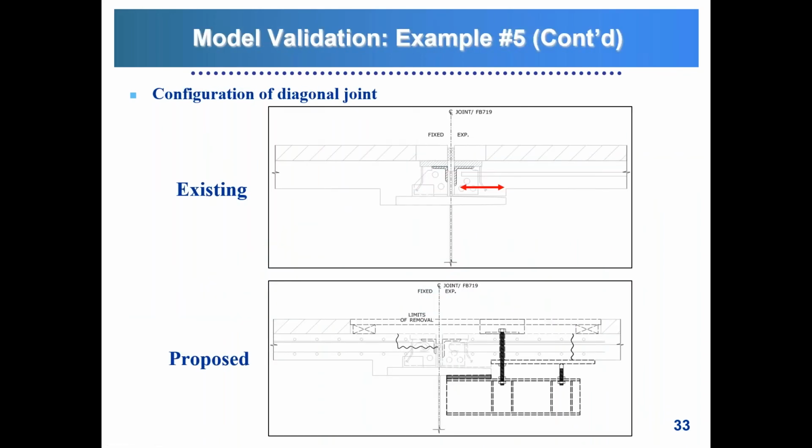So the original joint detail was like this. The left side is attached to that floor beam, so it's fixed, and then to the right side of that joint, the deck was free to slide over that floor beam to obviously allow for the expansion of the bridge.